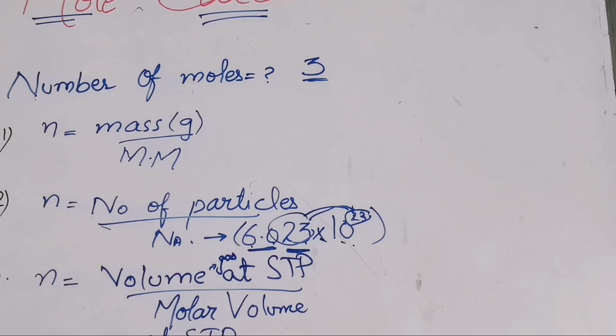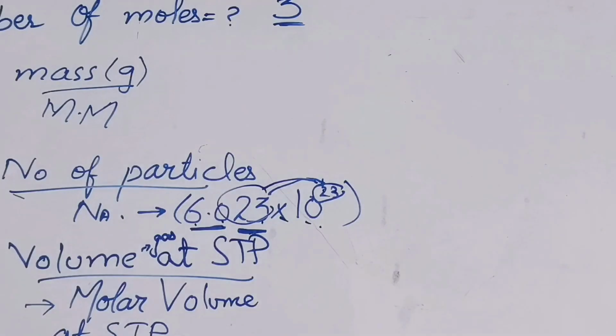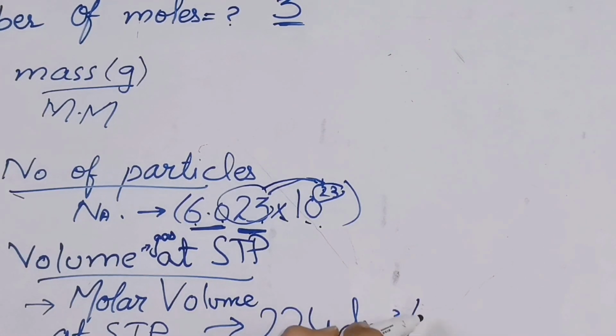What was STP? STP was standard temperature and pressure. I already told you its values in the previous video, but let me also tell you the value of molar volume. It was 22.4 dm cube per mole.